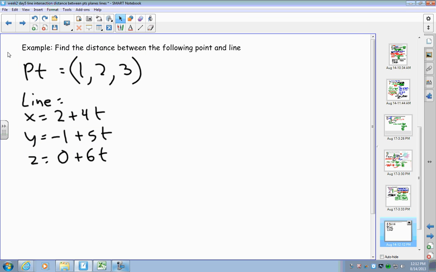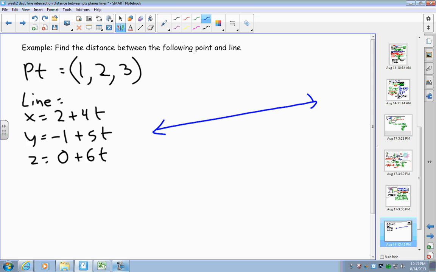Find the distance between the following point and line. So I have a point 1, 2, 3, and the line there, and that is a 2. We just learned that for the distance, you can always draw the line if you want.